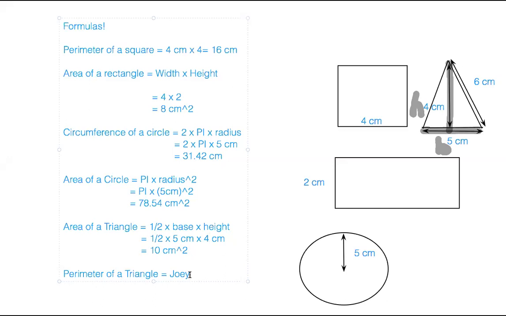Okay, Joey, are you there? Yes. Okay, so now for perimeter, will you only look at 4 and 5? No. Where will you look? 4, 5, and 6. Correct, because that is all the outside of the triangle. Perimeter is very easy.